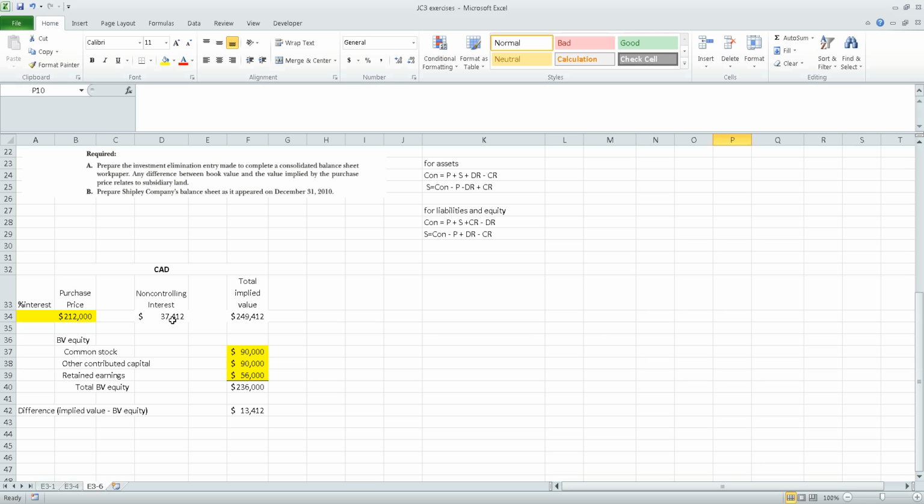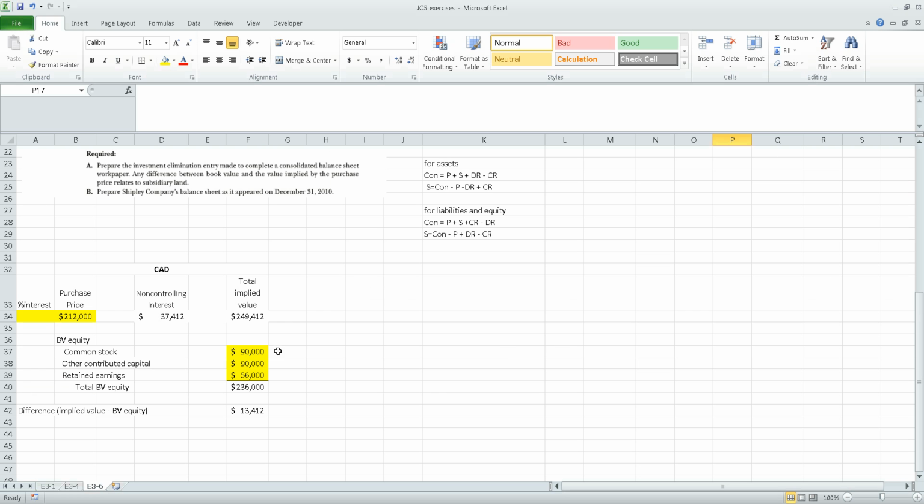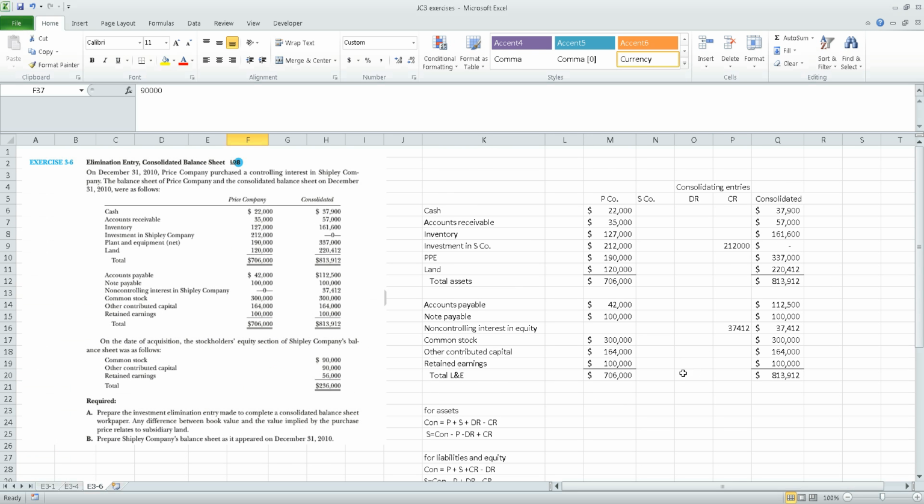And there must have been a credit to the non-controlling interest account in the amount of that $37,412 right there. And there must have been a debit to the common stock account to get rid of the sub's common stock.